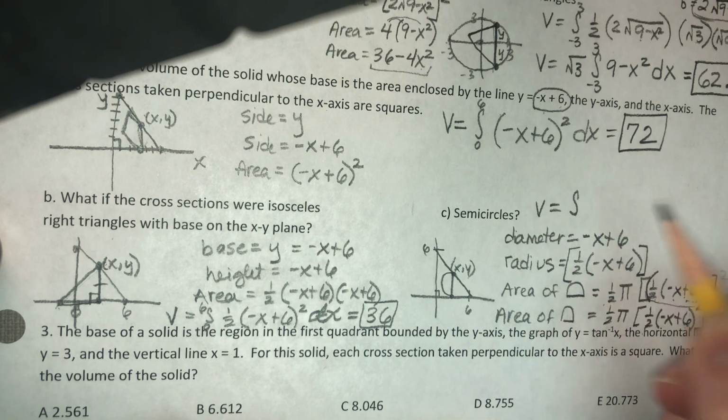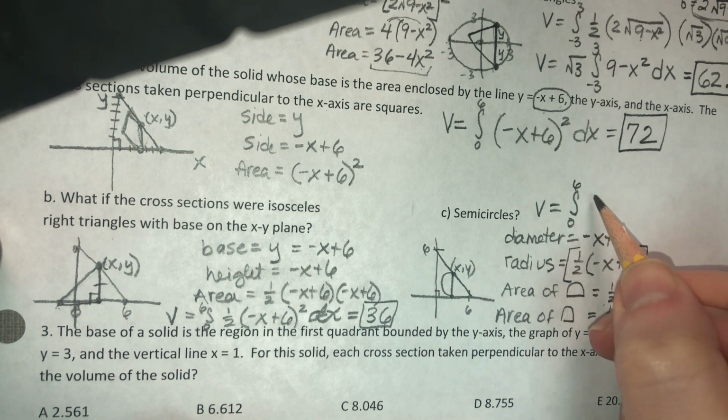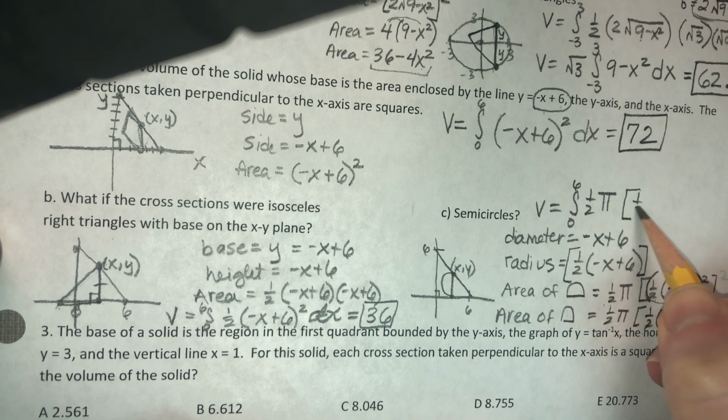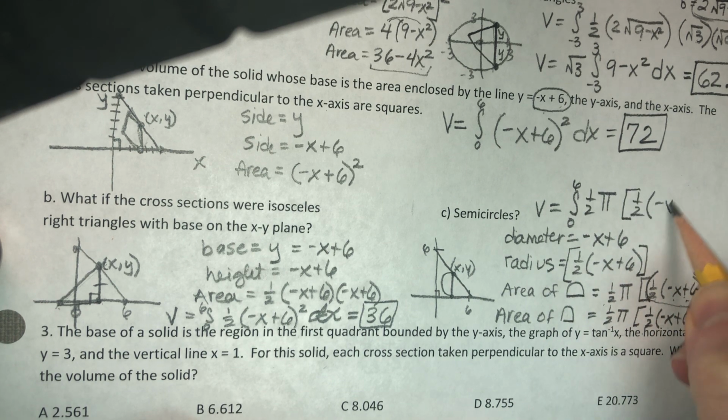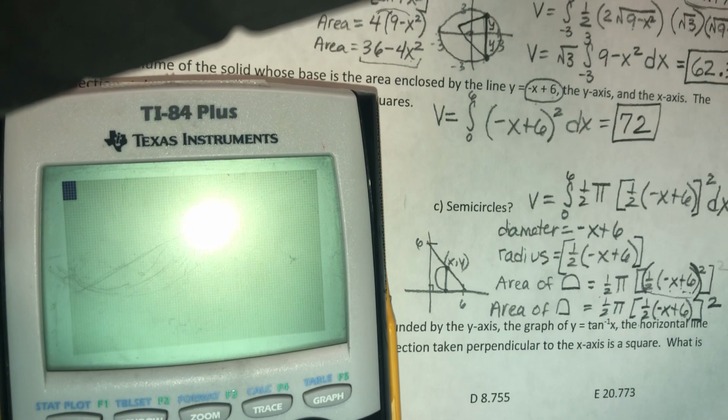So here my volume formula is going to be the integral from 0 to 6 of 1/2 pi times 1/2 times negative x plus 6 quantity squared dx. All right, let's see if I can enter this in the calculator without making a mistake.